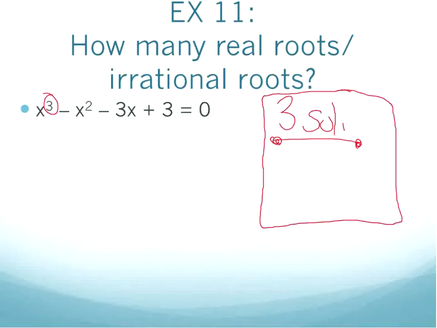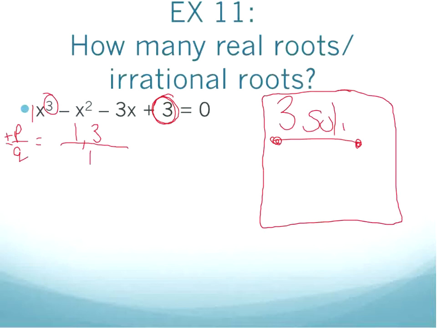So last week we covered, if it's not factored for you at all, we had to go through and find one solution that would work. I know it's been a while. There was this thing called the P over Q theorem, where P is all of the factors of your constant, which means 1 times 3. Q is all the numbers in front of your leading coefficient, which is just a 1.